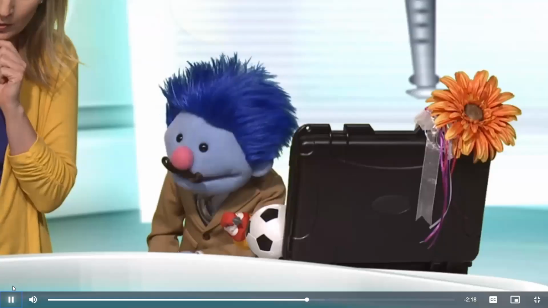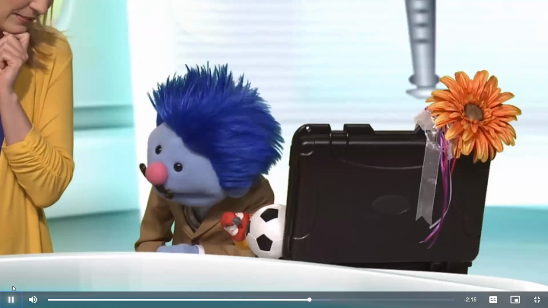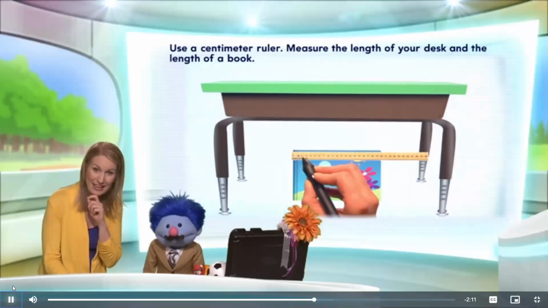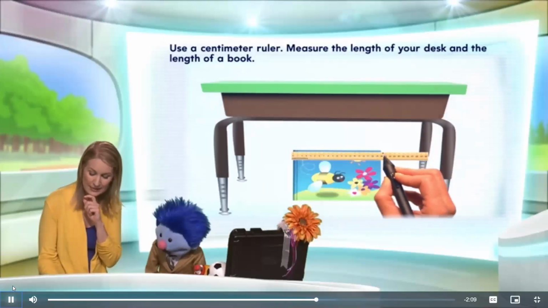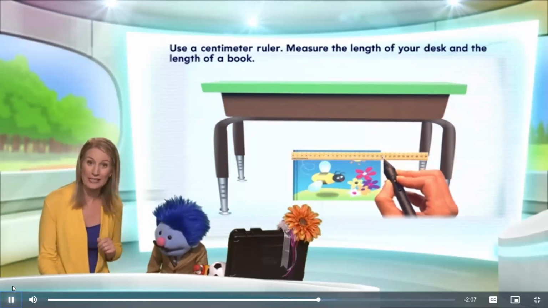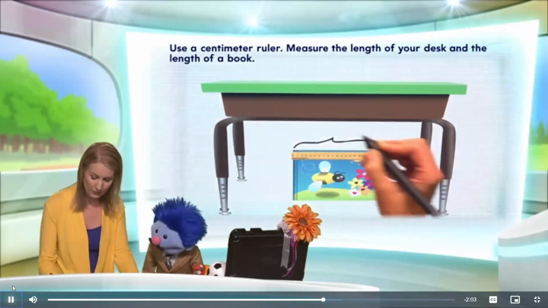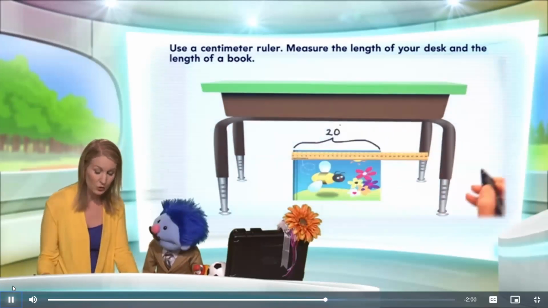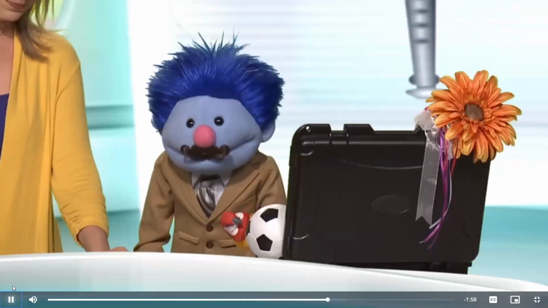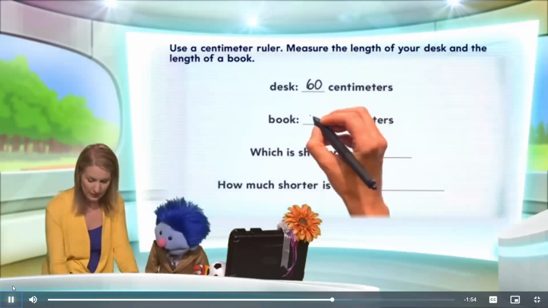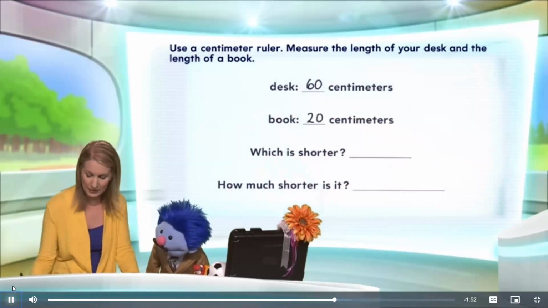Line the edge of the book up with the first tick mark on 0. Then we see where the last tick mark is. It looks like it's at the number 20. So this distance from one edge to the other is 20 centimeters. Let's fill in the blank: the book measures 20 centimeters.